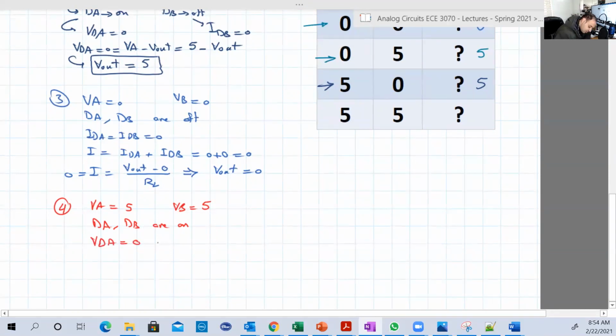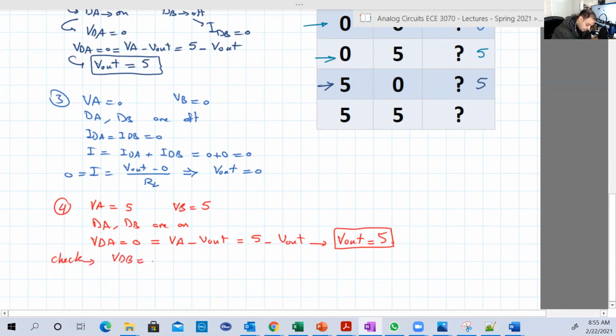Okay. So VDA is equal to VA minus V out. VA is 5, V out is unknown. So V out equal to 5. To check, we should get 5 again if we do the same using VDB. So check here, very small check.